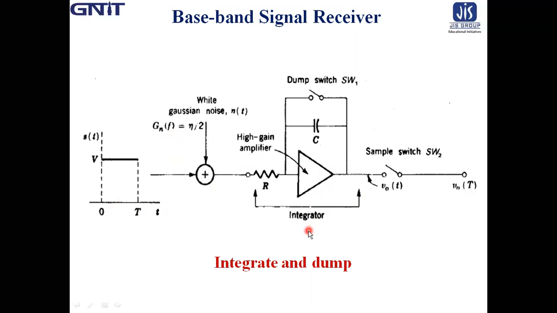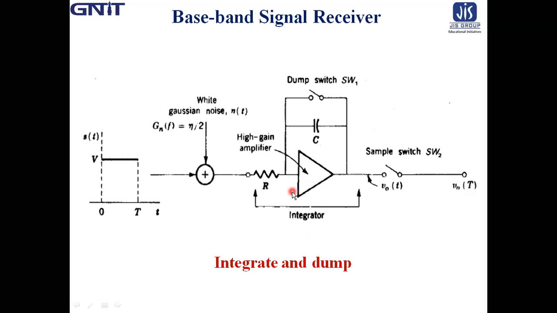Now at time t equal to 0 plus, we require that the capacitor C be uncharged. Such a discharge condition may be ensured by a brief closing of switch SW1 at t equal to 0 minus, thus relieving C of any charge it may have acquired during the previous interval.